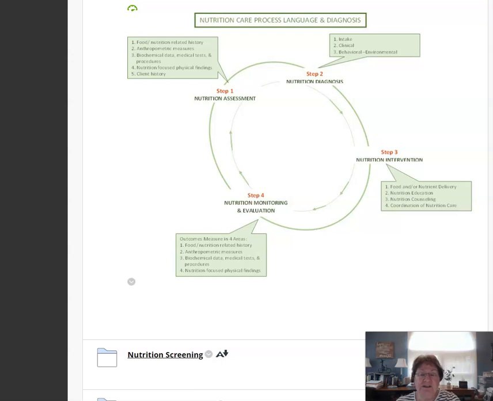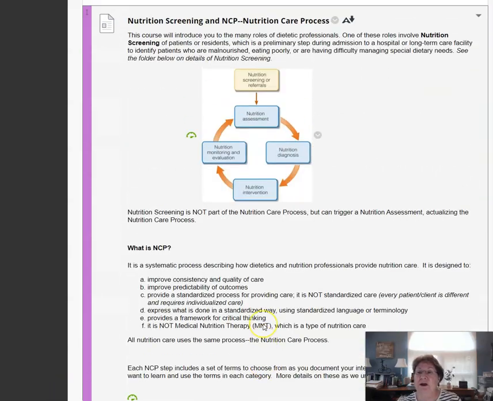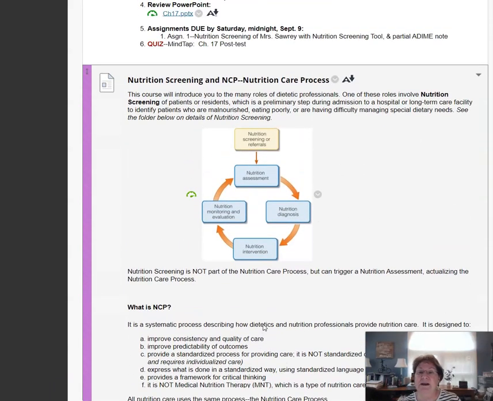So if we're conducting this intervention, we need to document if the intervention is related to food or nutrient delivery, or are we providing nutrition education or nutrition counseling, and will we be coordinating the intervention with other members of the healthcare team, and so on. Let me scroll up. All right.